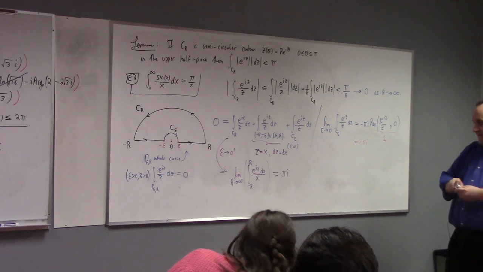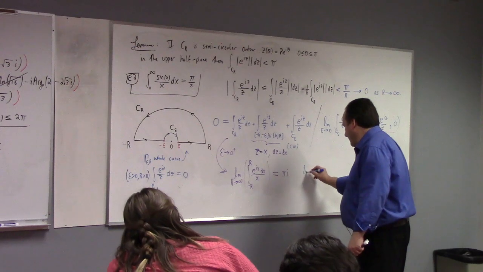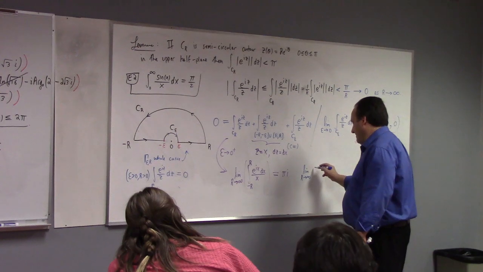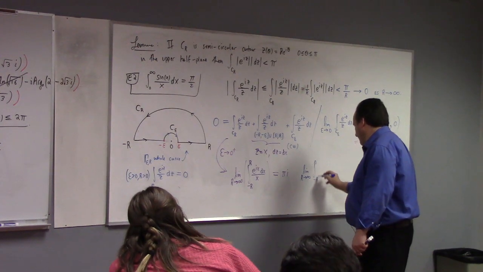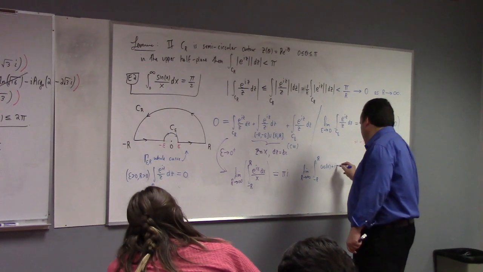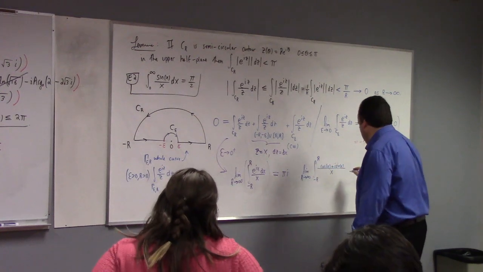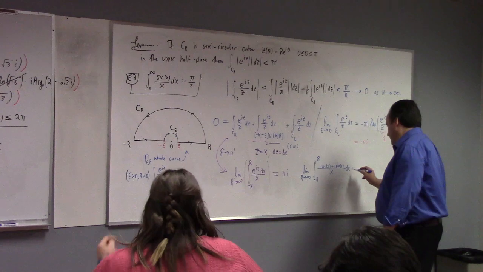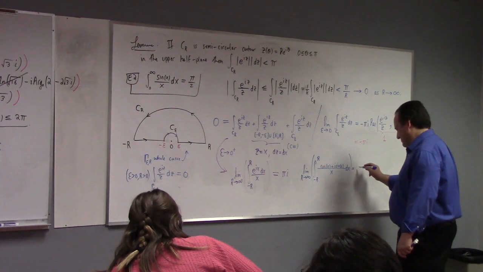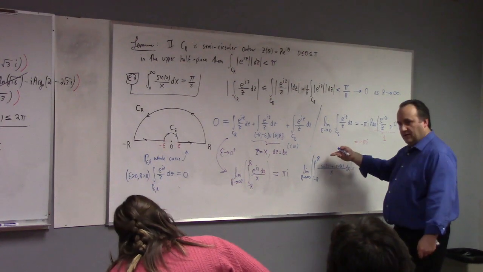But then what is e to the ix? We've got cosine of x plus i times the sine of x, divided by x dx. Notice that cosine x over x is an odd function, so that integrates to 0.